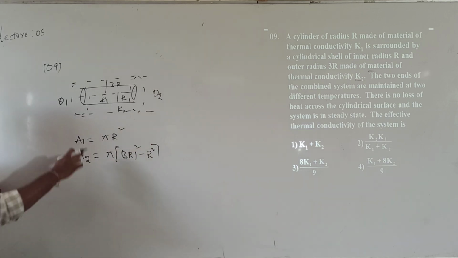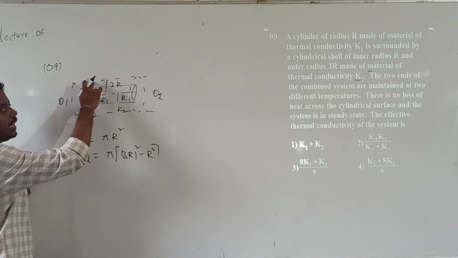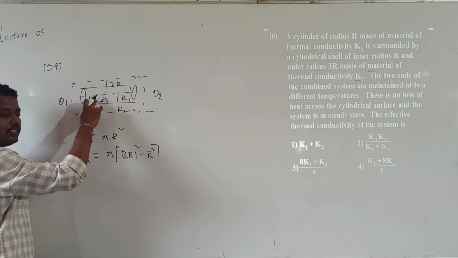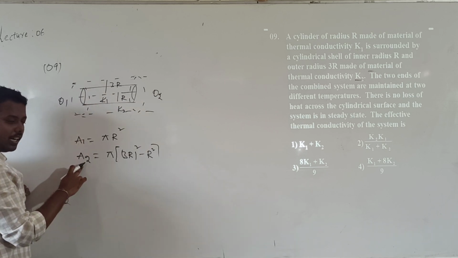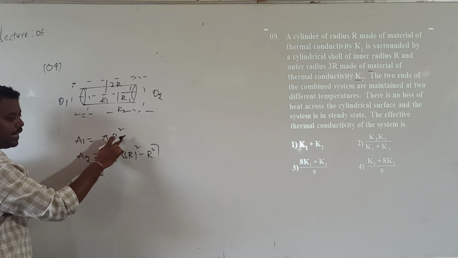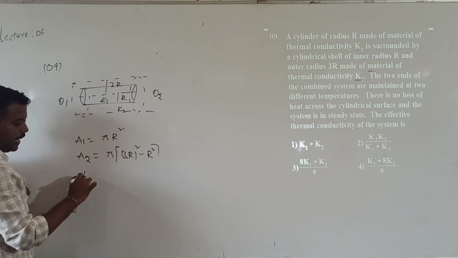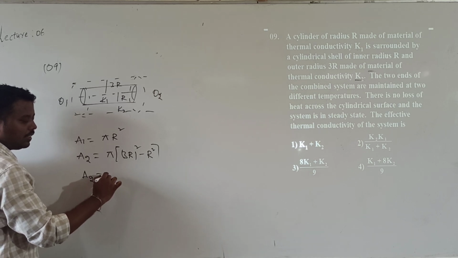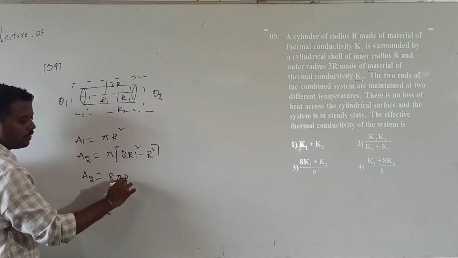How will we get the area of the outer one? If you remove the inner area from the total area of the outer one, you get the area. Are you getting it? So A1 value is pi r square, A2 value is 9r square minus r square, that is 8 into pi r square.